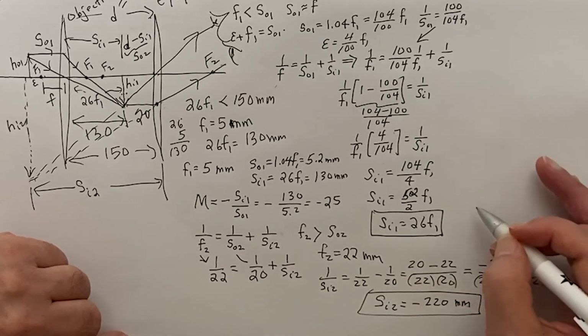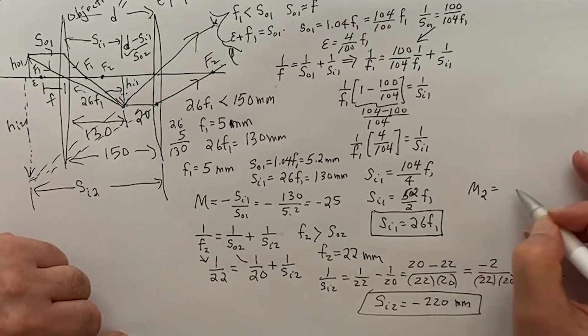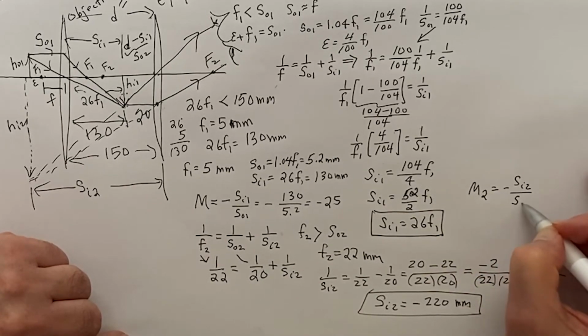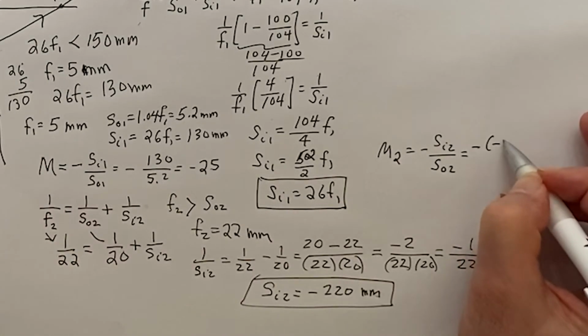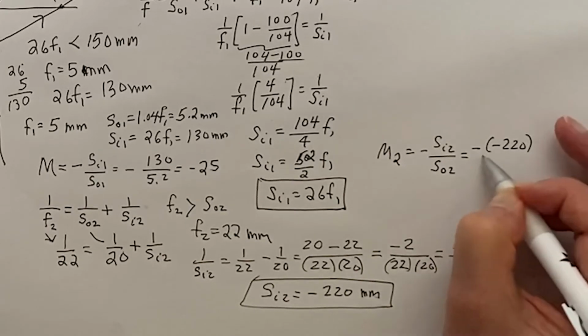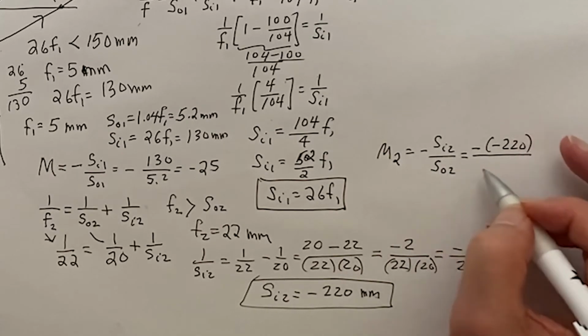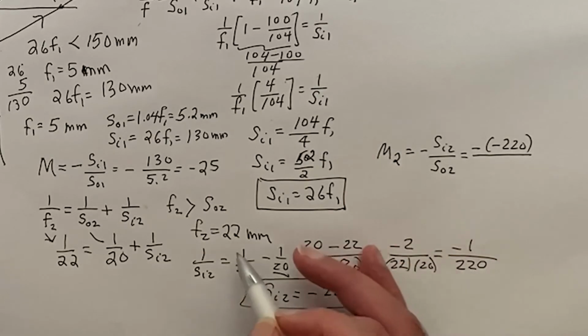And then the magnification for the second lens is the SI2 over the SO2. Now this is minus 220. Notice the two negative signs will cancel because a magnifying glass does not invert. And what is SO2? Well, SO2, if you remember, is the 20.